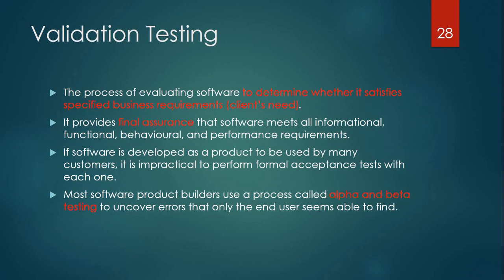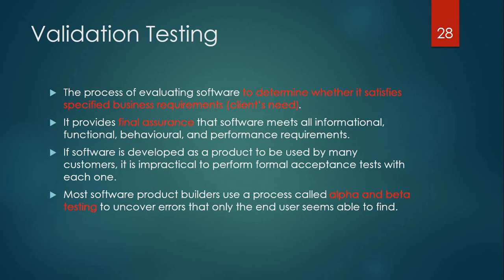If software is developed as a product to be used by many customers, it is impractical to perform formal acceptance tests with each one. Means if we are building software that will be shared among 100 people of a single company, then it is not practical to test that type of environment. Most software product builders use a process called alpha and beta testing to uncover errors that only the end user seems able to find.